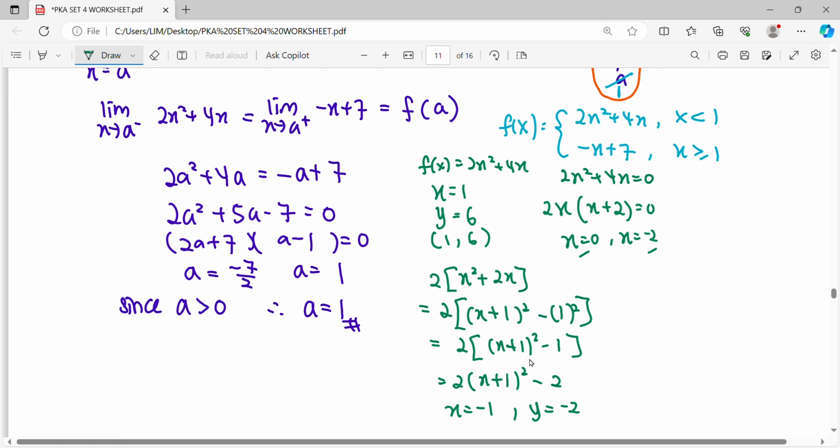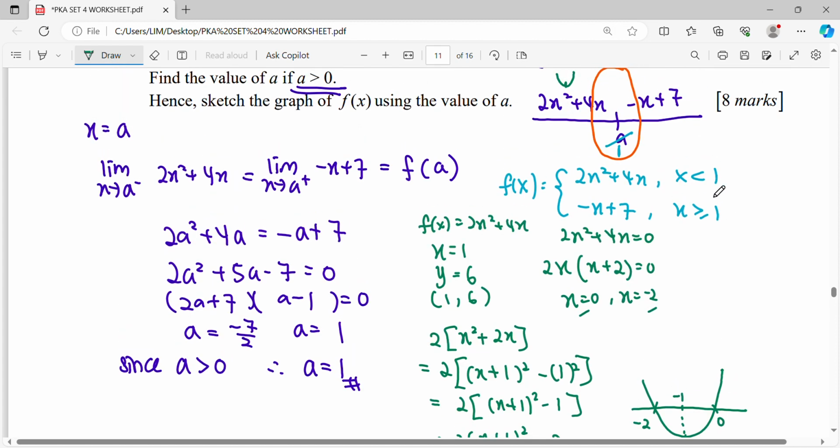Alright, so when you draw your graph, until x equals 1, you know that your x-intercepts are 0 and negative 2. Minimum happens at (negative 1, negative 2). Do you pass through the y-axis? Yes, because you need to draw until 1, right?